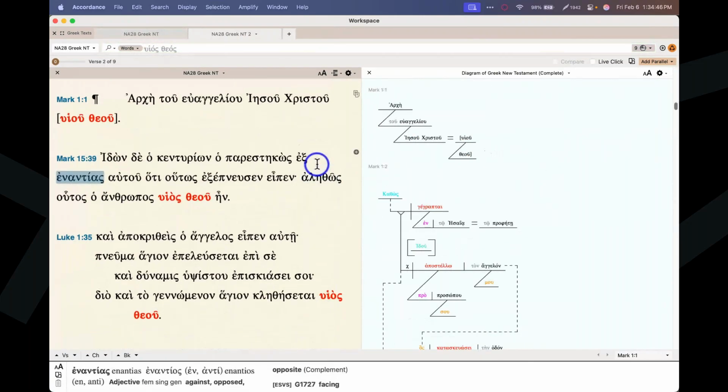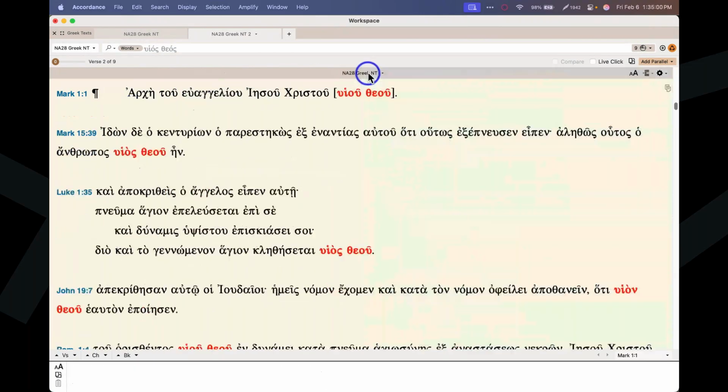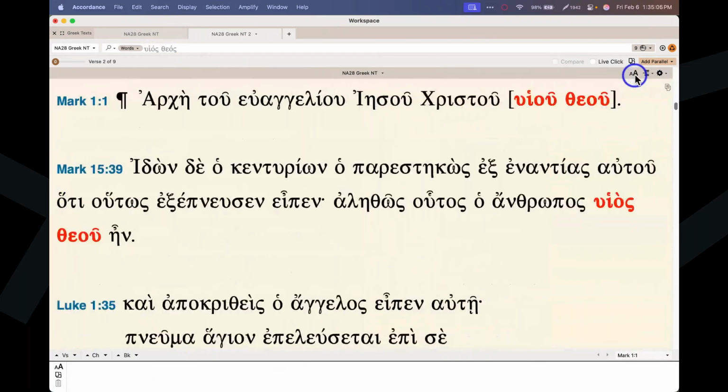And surely enough, here in Mark 1:1, this is in the genitive, this is in the nominative, but it's the same phrase, the Son of God. It's genitive here because this is the beginning of the gospel of Jesus Christ, the Son of God. And here it's in the nominative because it's the subject of this word, but it is the same Son of God. These are the only two times in Mark that this phrase is used.